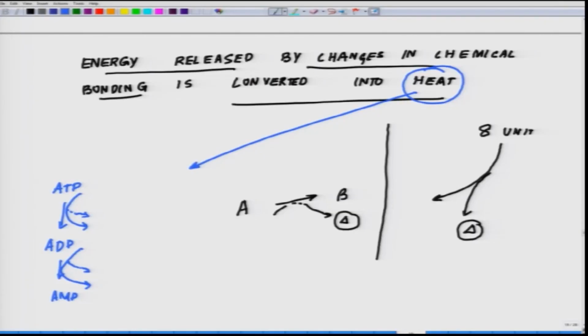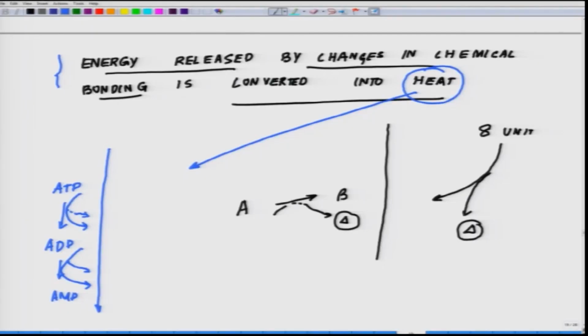Depending on which molecule liberates the least amount of heat, one can say how efficiently it is converting in the process. This is one concept which I will talk about further in the next class, where we will talk about energy released by changes in chemical bonding being converted into heat.